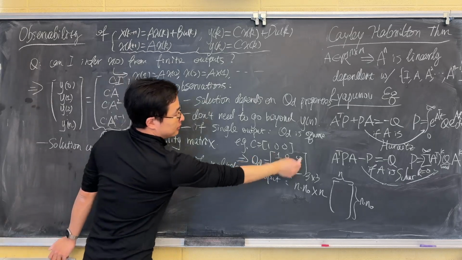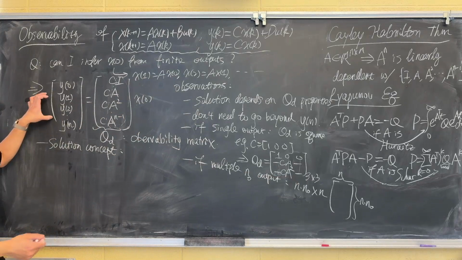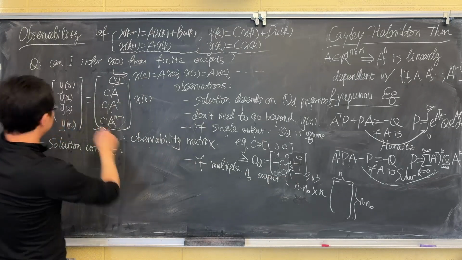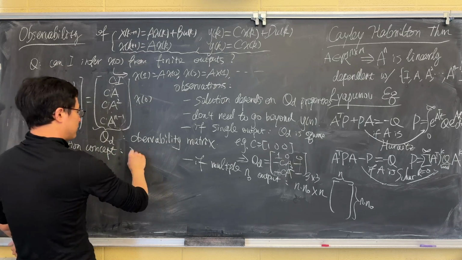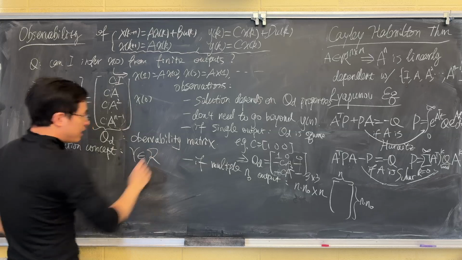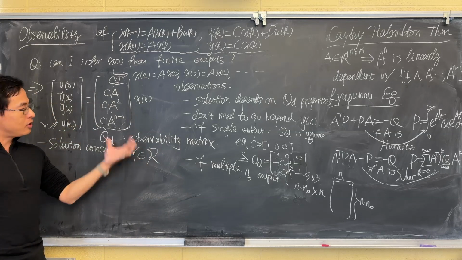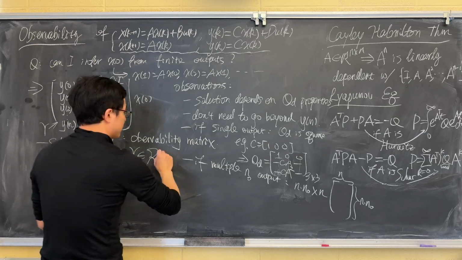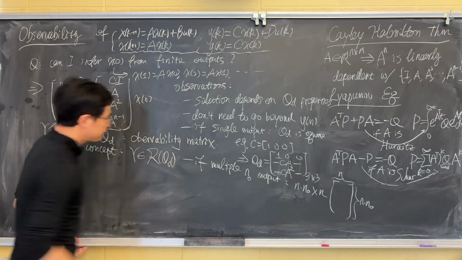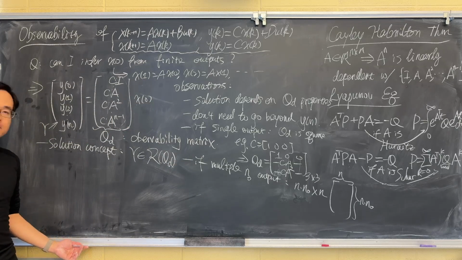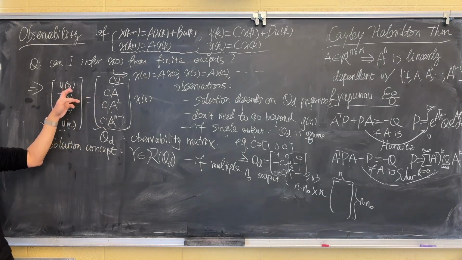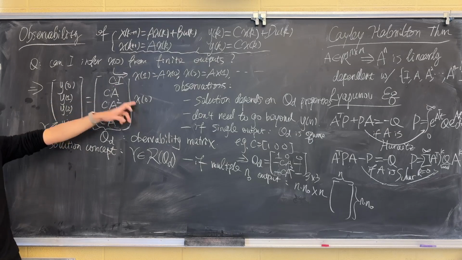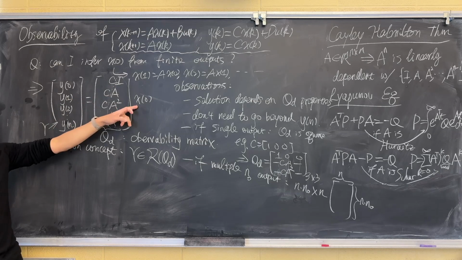This is true by definition: y0 equals C times x0, y1 equals CA times x0.